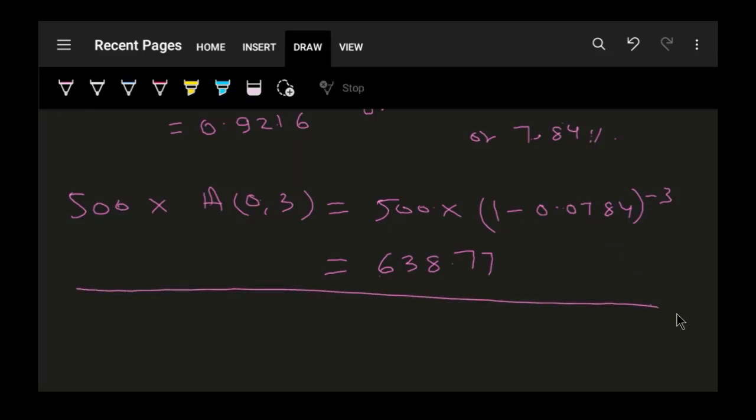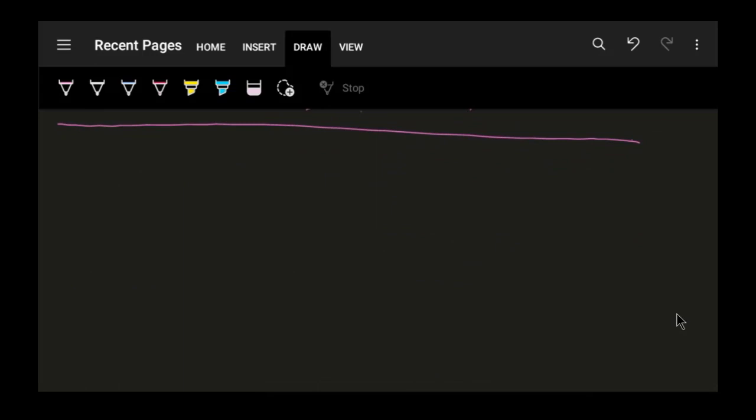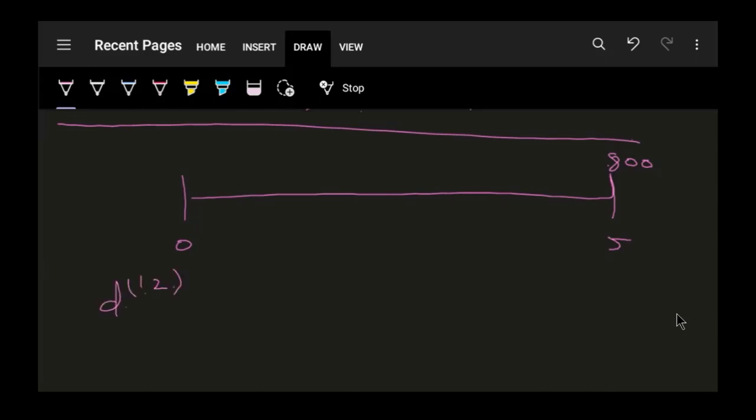In part 2 of this question, we have to calculate the discounted value of a payment of 800 at time 5. To do that, I've been given D12 as 0.09. So my monthly effective discount rate will be 0.09 upon 12.